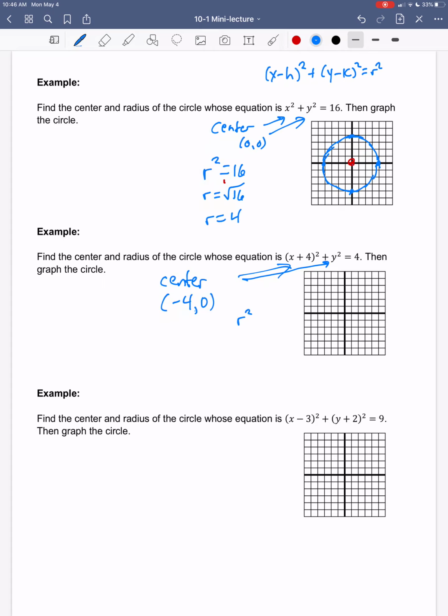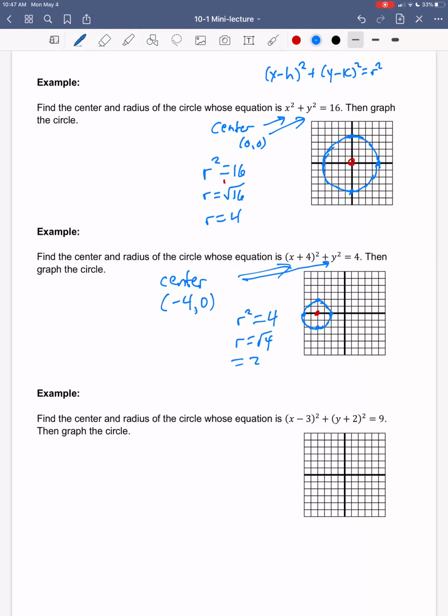My r squared is 4, so my radius is the square root of 4, which is just going to be 2. So my center is at -4, 0. That would be over here. Then I just move 2 in every direction. So 2 to the right, 2 to the left, 2 up, 2 down, and there would be my circle. The blue is the actual circle. The red center is not officially part of the circle.